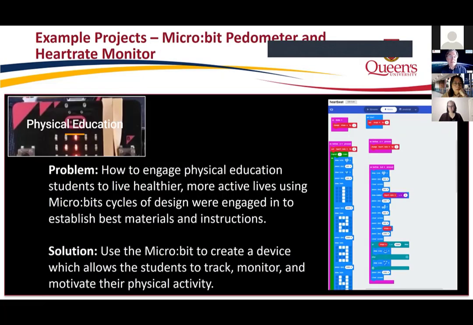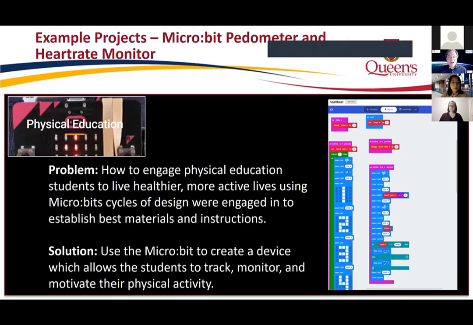And the last example, though, just give quickly, is this solution. What's nice to think about is, again, going back to that quote about problems, not cutting to the solution too quickly, is this group had this problem come from the instructor: how to engage physical education students to live healthier, more active lives, using microbit cycles of design to establish best materials and instructions.